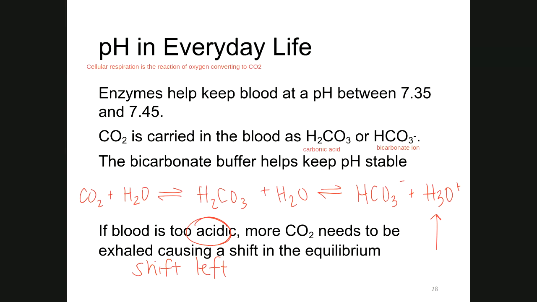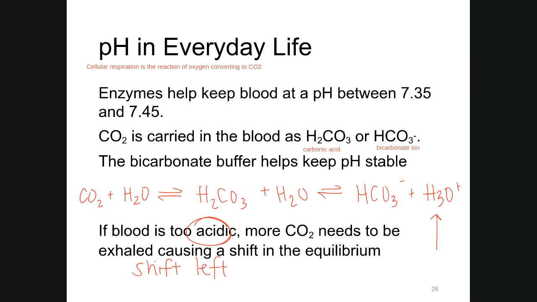So this is just one example of where we can see Le Chatelier's principle really happening in everyday life, something that we deal with all the time, as opposed to just a random chemical equation that you haven't seen before that doesn't make any sense. So one more time, when we're exercising, for example, we know that cellular respiration is happening more readily. So we're making lots more carbon dioxide.